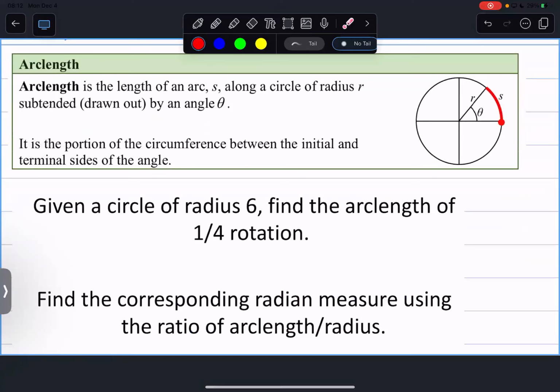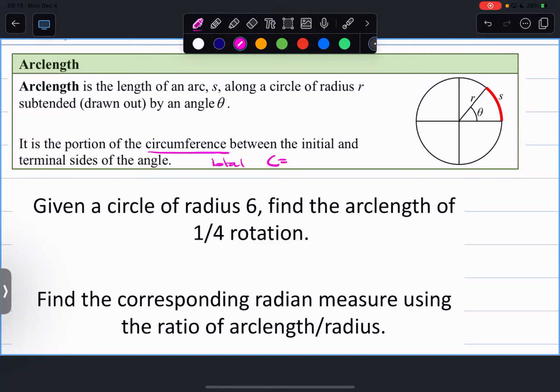If you have a circle starting here in standard position, then the arc length of some arc S, the most basic arc length that we know is the circumference. That's the entire arc length. Now we're talking about a portion of the arc length.